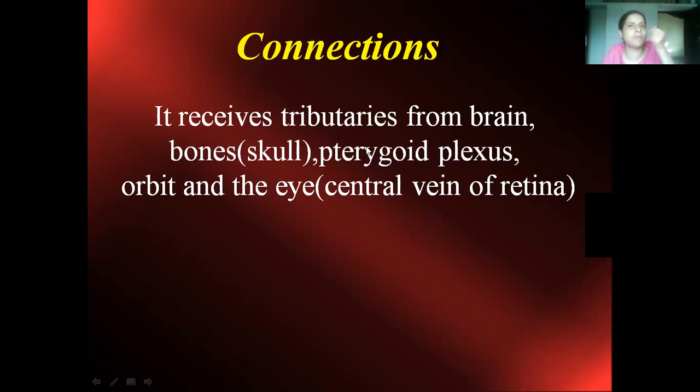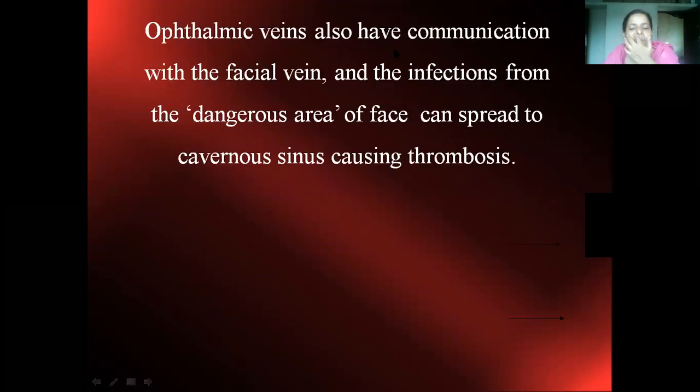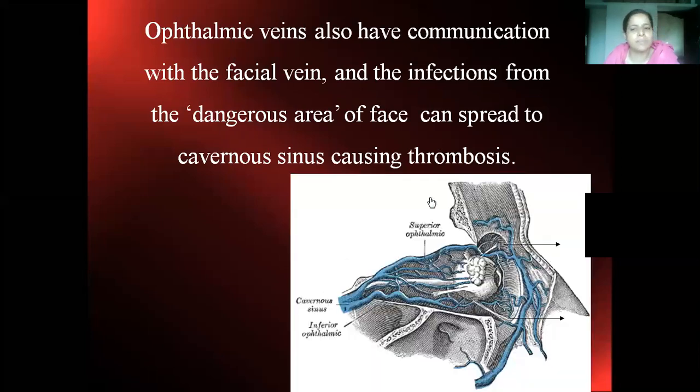That's why infection from the nose region can pass via emissary vein into the cavernous sinus, leading to thrombosis, that is blood clot in the cavernous sinus. So it is also receiving veins from the orbit, and the central vein of retina is the vein from the eye. Okay. So ophthalmic veins will have communication with the facial vein. Hence the infection from the dangerous area of the face can spread to the cavernous sinus causing thrombosis, that is blood clot.